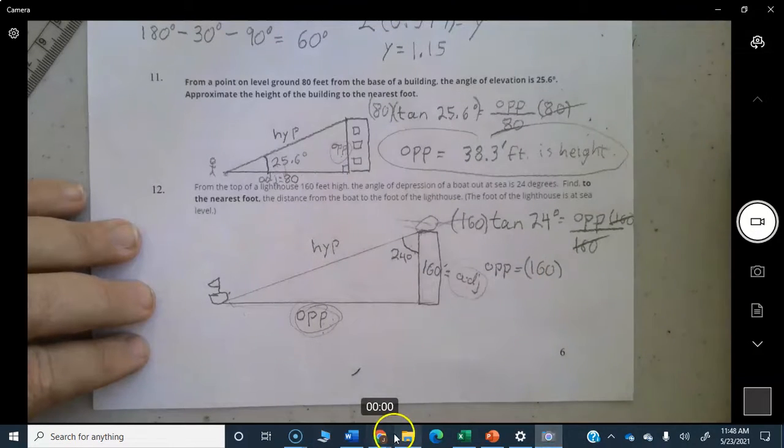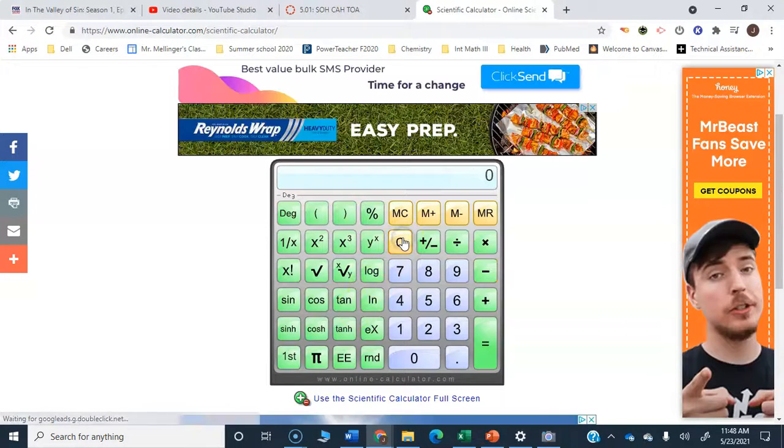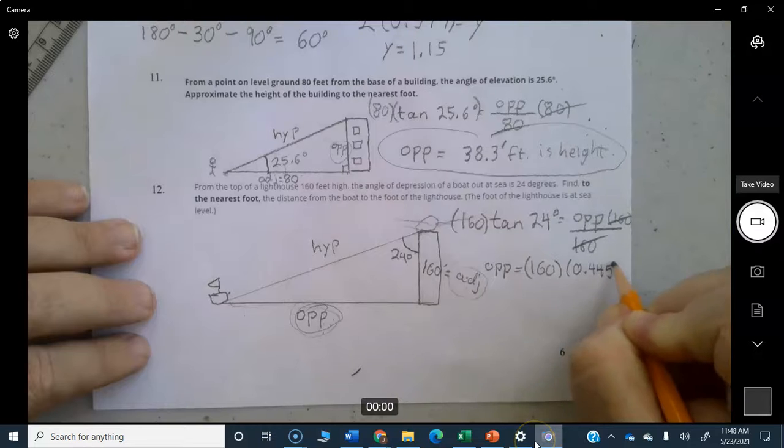Let's go find what that is. So 24 tangent gives us 0.445, and then we're going to multiply that by 160. And it's 71.2.